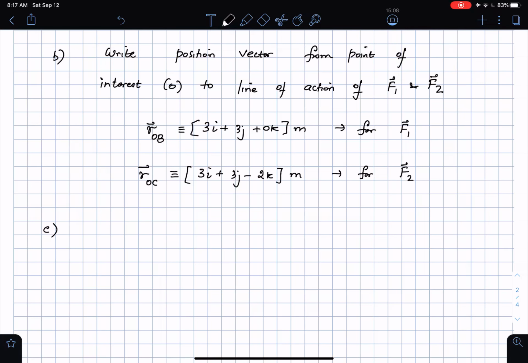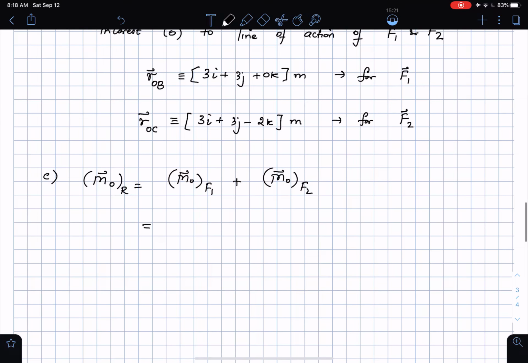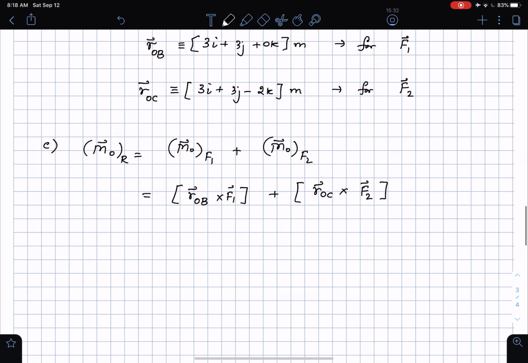Okay. So then my next step is to say that the resultant moment, as you know, is moment about the point O due to F1 plus moment about O due to F2. If I use the cross product, it's always the position vector cross the force, always the position vector cross the force. Then all I have to do is for each of these cross products, I set up my determinants.